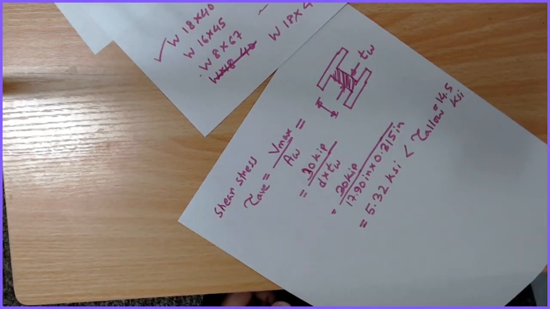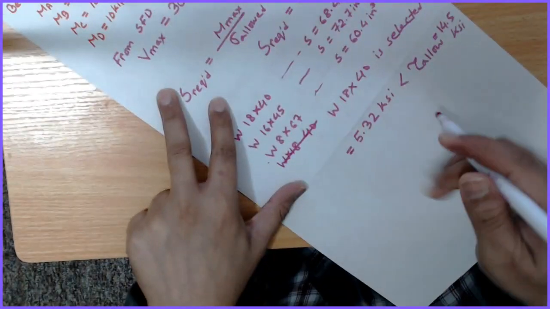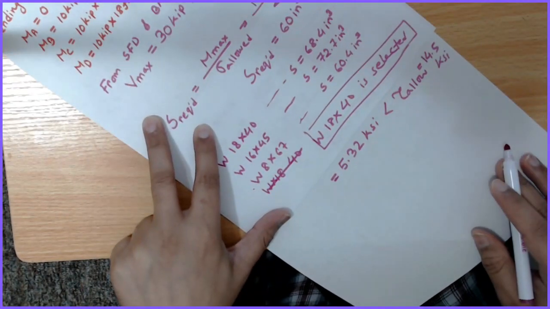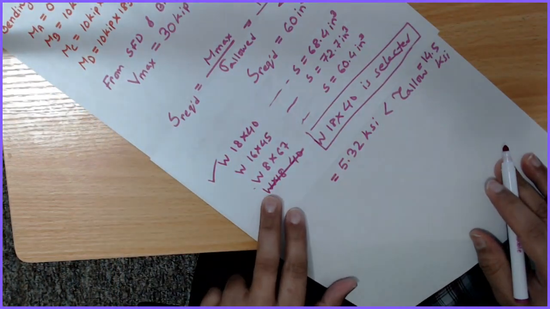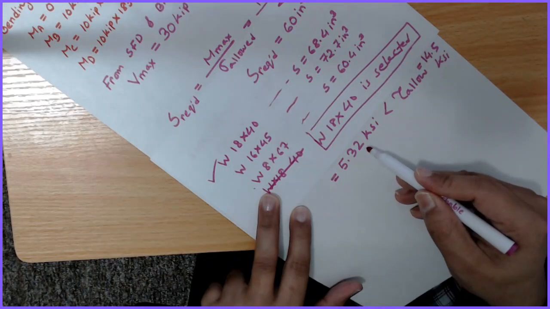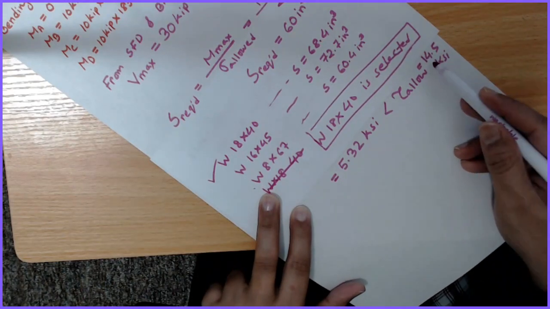So if you select W18x40, your average shear stress is 5.32 ksi, which is smaller than the allowable shear stress of 14.5 ksi.